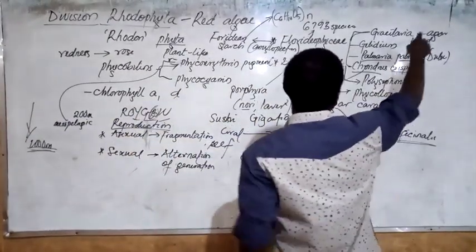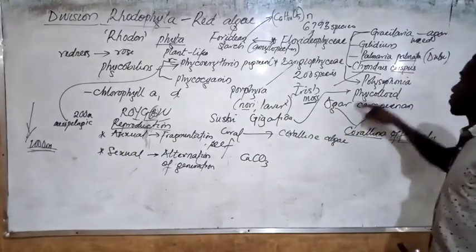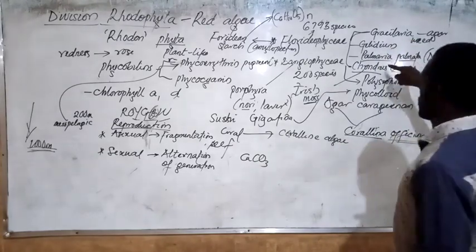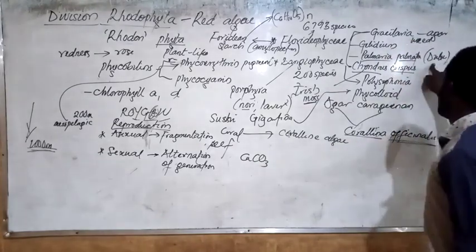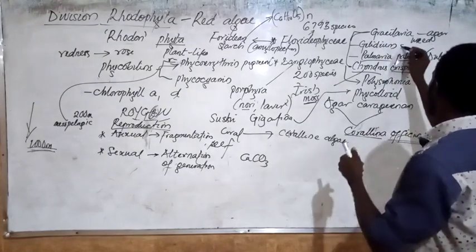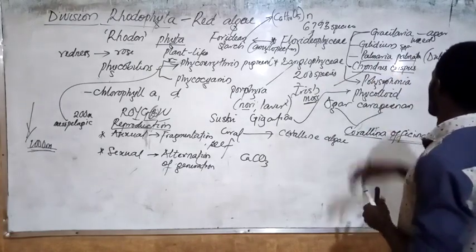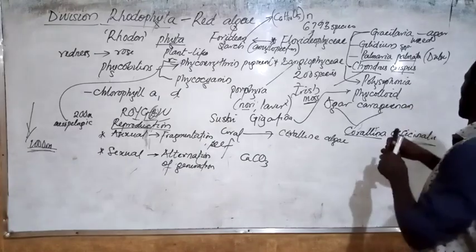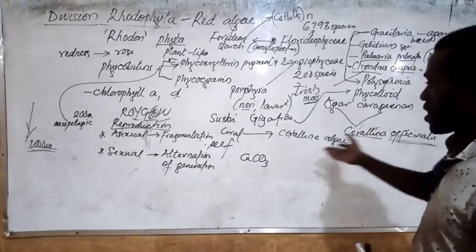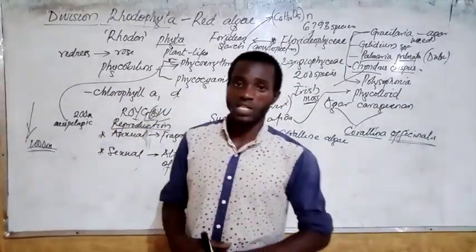Then we have the Gracilaria, which is a good source of agar. Then the Gelidium, which is also a good source of agar. Palmaria palmata, also known as Dulce. Then Chondrus crispus, which is called the Irish moss, and of course the coralline algae, which helps in building the coral reef. Alright, so that brings us to the end of this video.